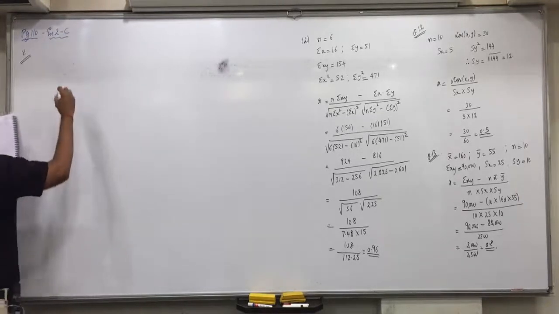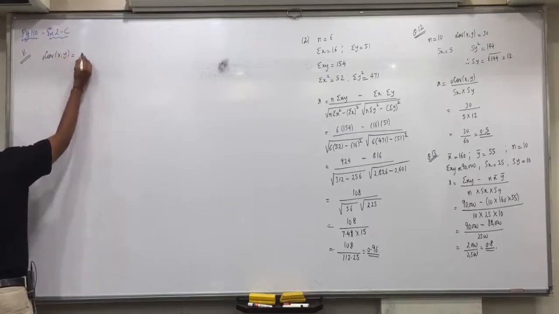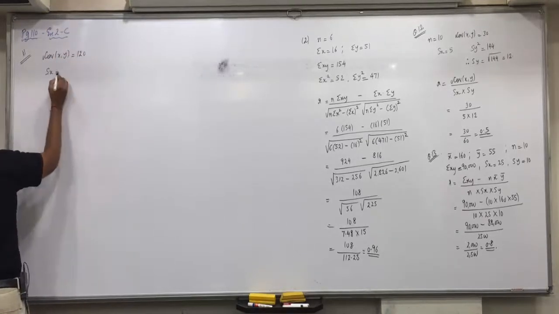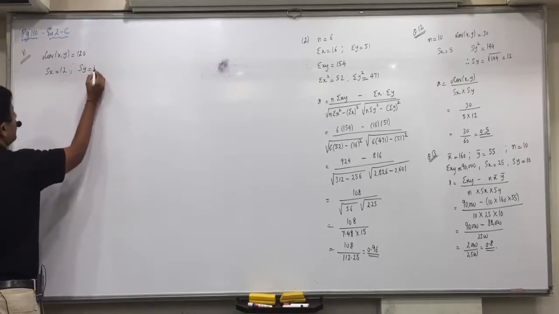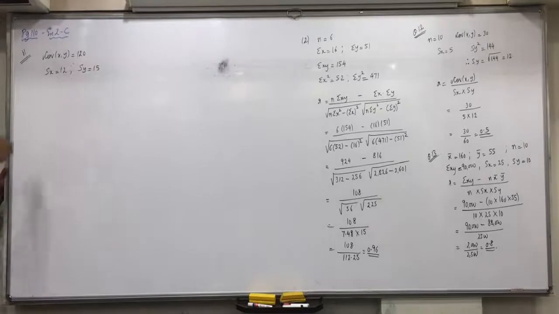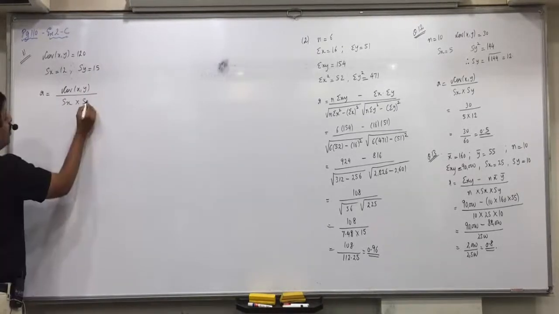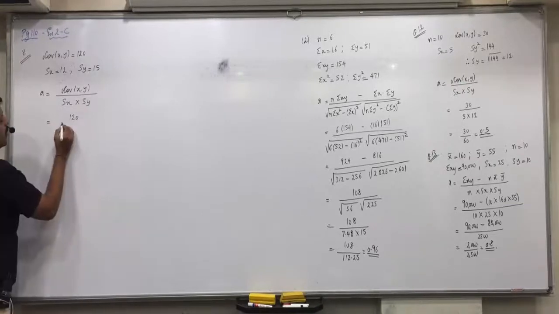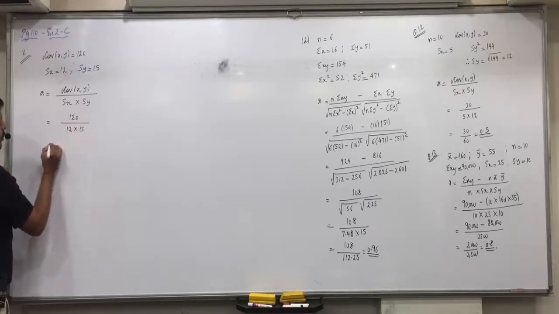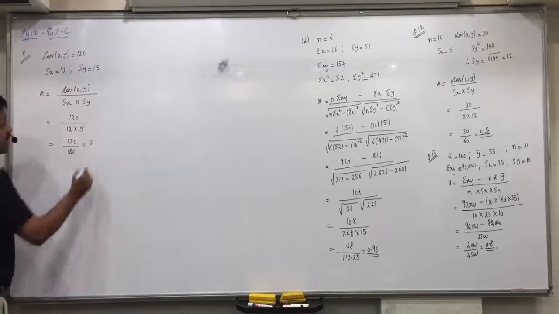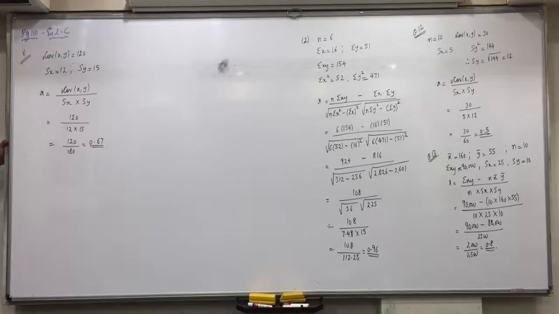Find the value of r if covariance between x and y is equal to 120, Sx is equal to 12 and Sy is equal to 15. Rudra, formula: covariance of x and y upon Sx into Sy. Further, 120 upon 12 into 15. So 120 upon 180, 0.67. Sit down. Did everyone understand that? All are clear with it?